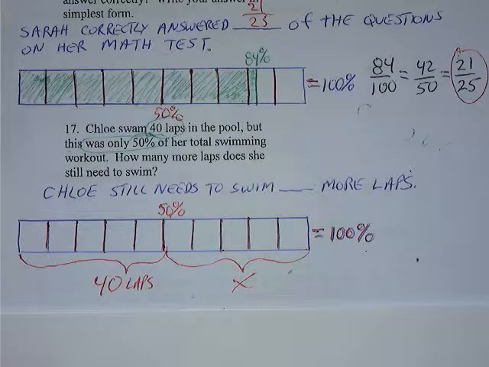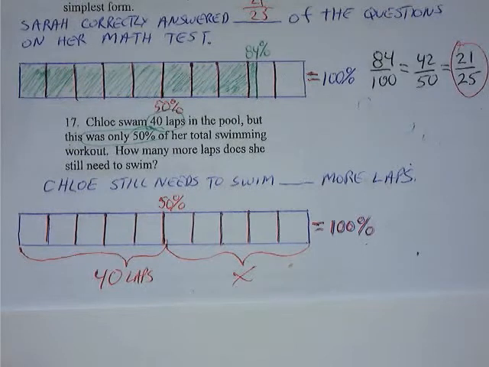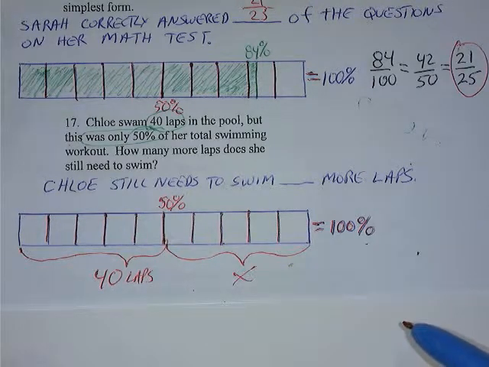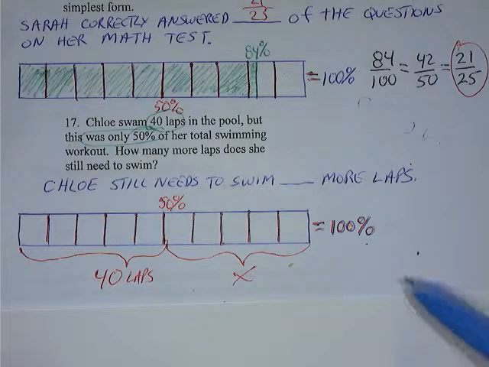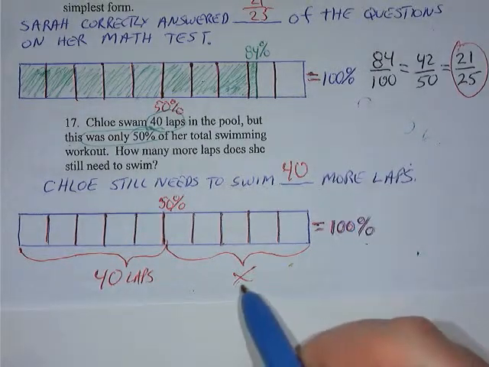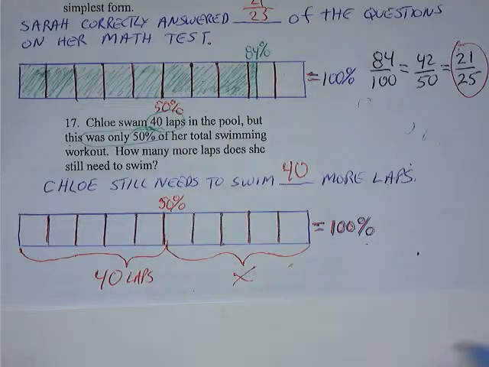But that's how you would model it. That's what you're looking for. I should have put a question mark instead. And so the answer is what? 40 more laps. Okay, that's it.